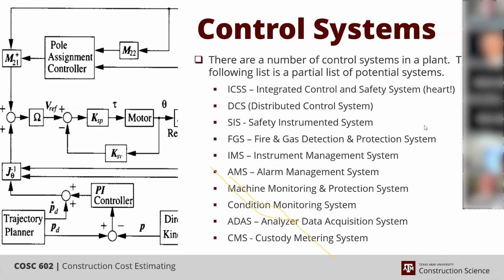And that is a sampling of some of the integrated control and safety systems: the distributed control system, safety instrumented system, fire and gas detection and protection, instrument management, alarm management, machine monitoring and protection, condition monitoring, analyzer data acquisition, custody metering. So when you look at this, there are a lot more programs all built into these control rooms now.